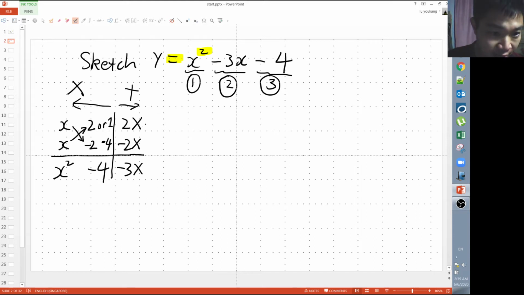So this addition doesn't add up to this term, so the combination of 2 and minus 2 isn't what you want. So now test the other combination.